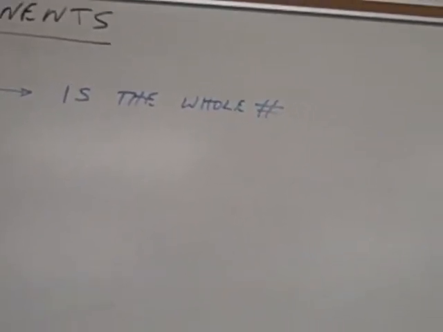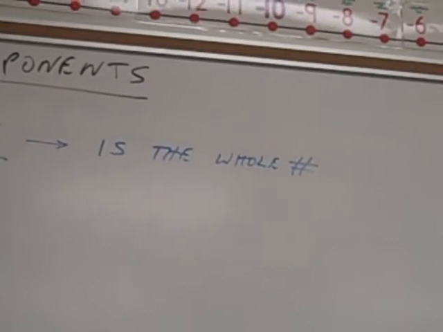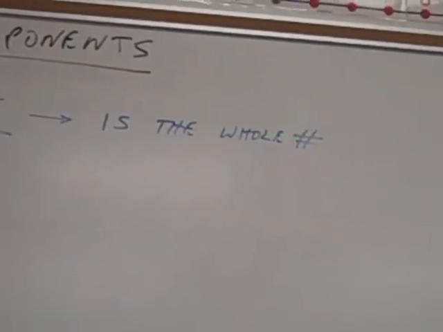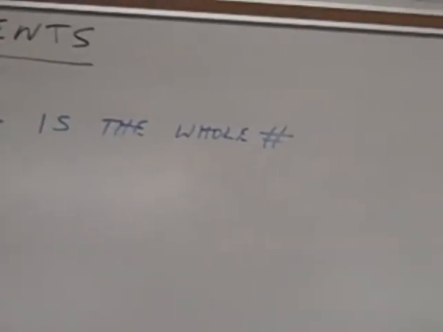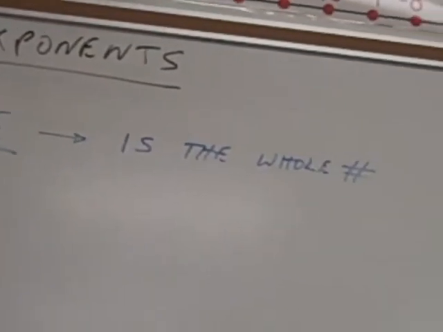Now, as we start these notes, remember, stay with me. If you don't understand the wording that we're writing, it'll be good because I'm going to show you and you'll go, oh, that's how easy it is. Just hang with me. The base is the whole number.